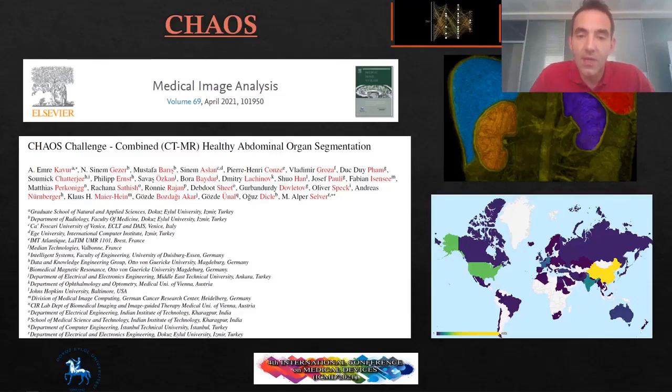Now, CHAOS has 5 different tasks. It includes, for example, cross-modality learning. This is about learning CT and MR together. Previous studies mostly concentrate on individual modality, like your machine learning algorithm learns on computed tomography and performs on computed tomography and reaches a success level, and the same applies for MRI.